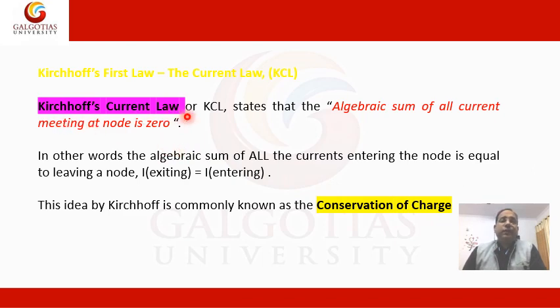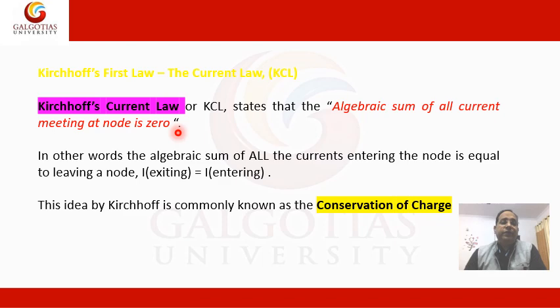Kirchhoff current law says that the algebraic sum of all the currents meeting at a node is zero. What does this mean? Suppose there is a circuit having many nodes. Suppose we consider one particular node: some currents are incoming towards that node and some currents are leaving that node. So the algebraic sum of all the incoming and outgoing currents is zero.